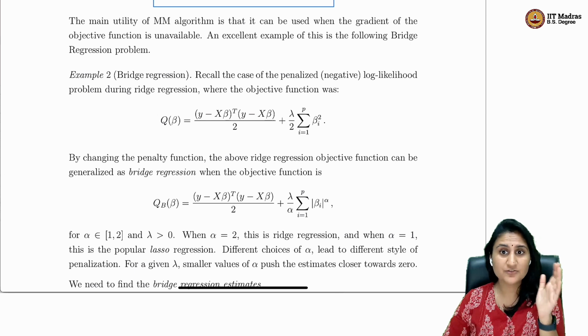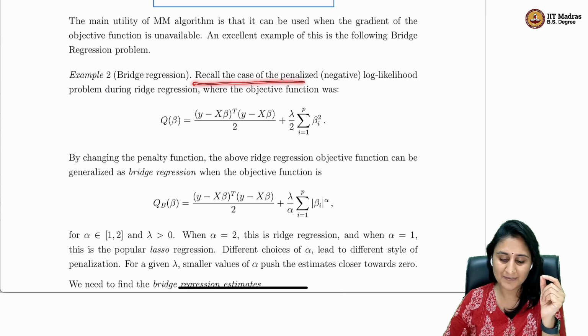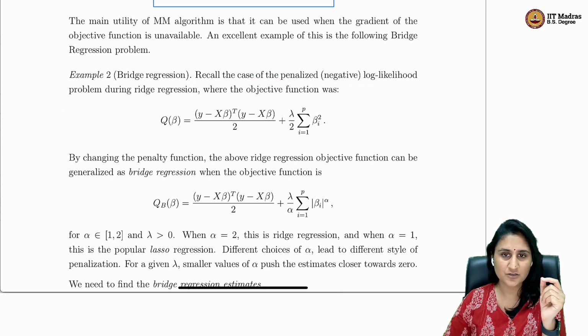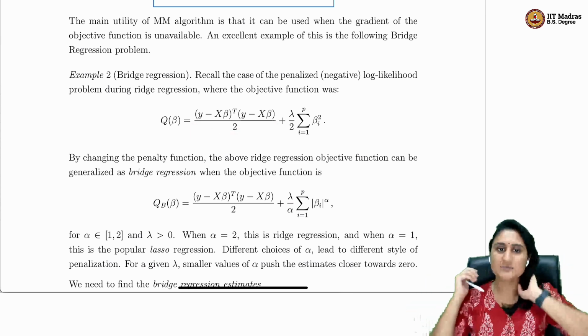So recall ridge regression, which is something we did a few videos ago, and ridge regression was a particular case of penalized regression. So recall that the case of the penalized negative log likelihood problem during ridge regression, where we had the following objective function. We had q beta equal to y minus x beta transpose y minus x beta by 2.